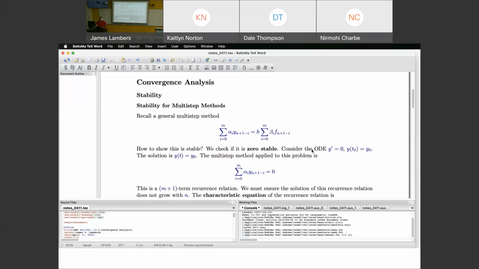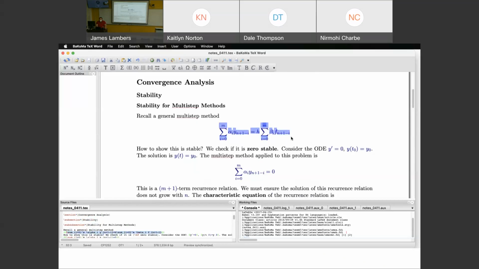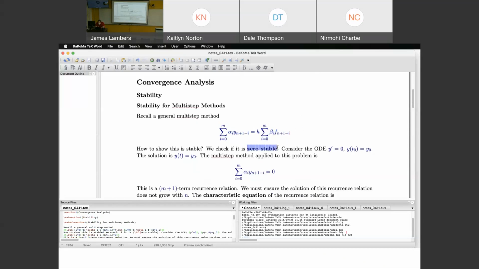Not so for multi-step methods. They all have this form, so there's a uniform approach to check on stability. What we're really looking for is to determine whether it's 0 stable. I'll explain what that means right now.